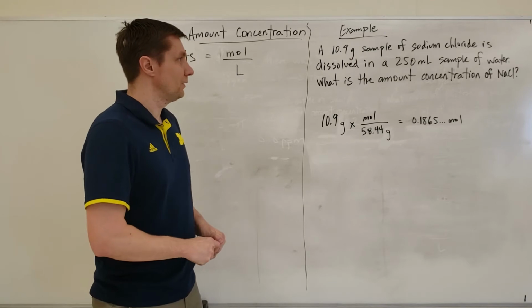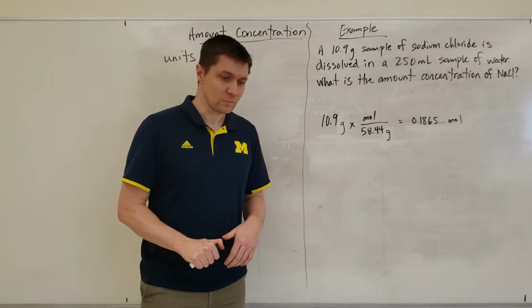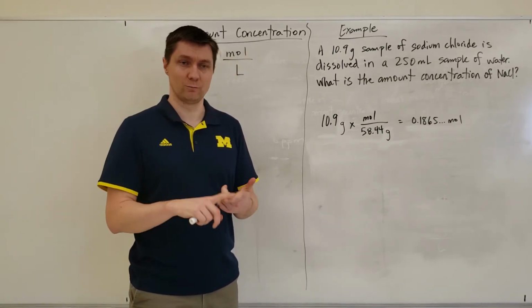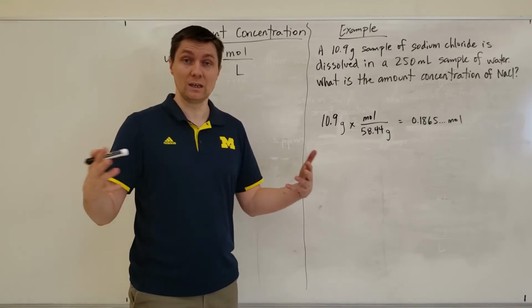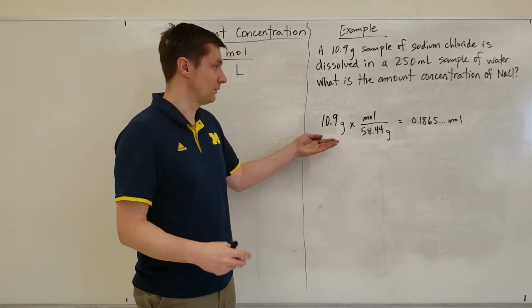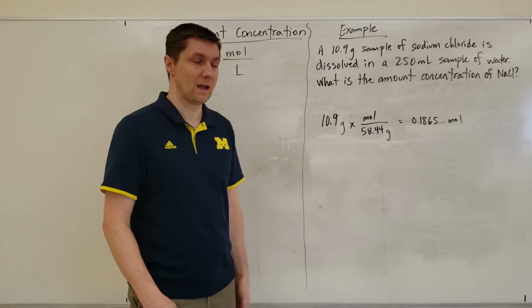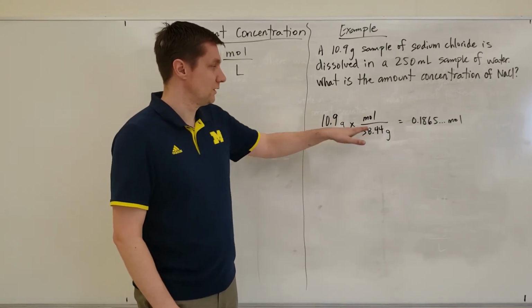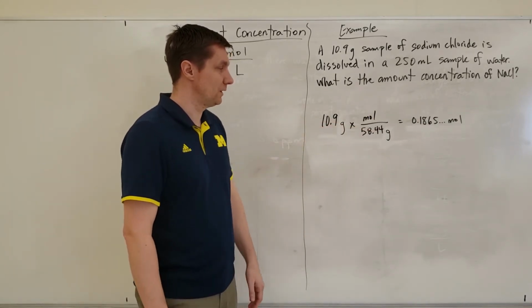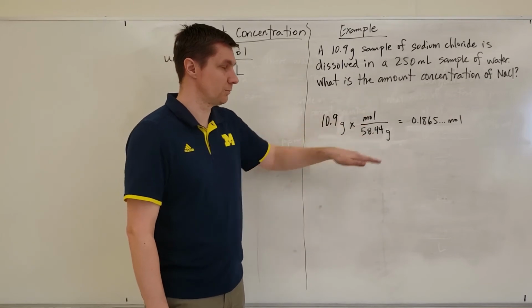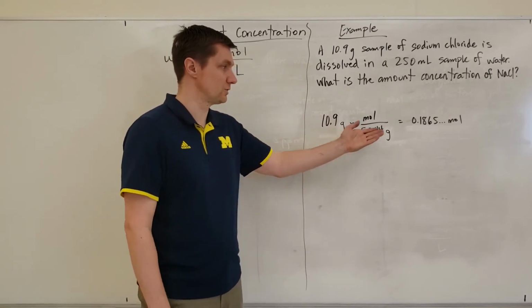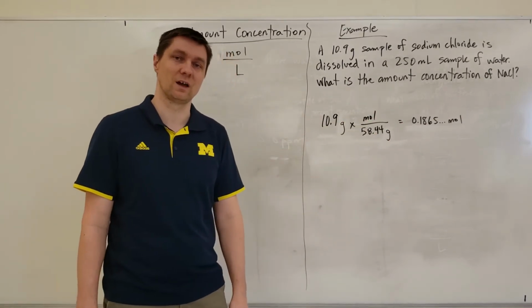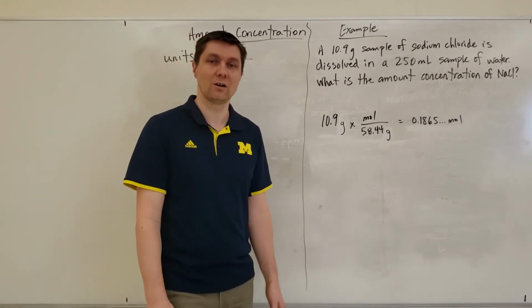And so if you remember back from when we did unit analysis of moles and molar mass, we can get moles from that using grams and molar mass. So 10.9 grams, setting up my system this way where I've got moles on the top, grams on the bottom, I divide these two numbers together and I get 0.1865, blah, blah, blah, in your calculator.